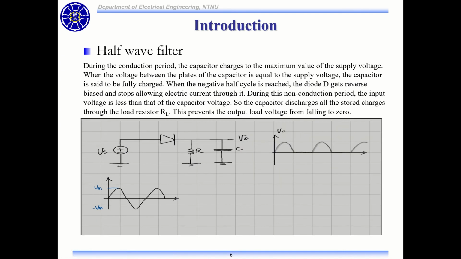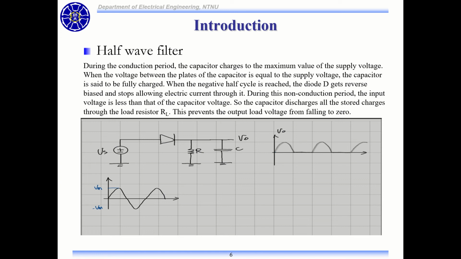And the half-wave filter, you can see that during the conduction period, the capacitor charges to the maximum value of the supply voltage. When the voltage between the plates of the capacitor is equal to the supply voltage, the capacitor is said to be fully charged.